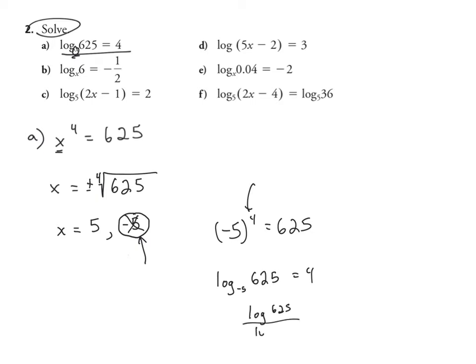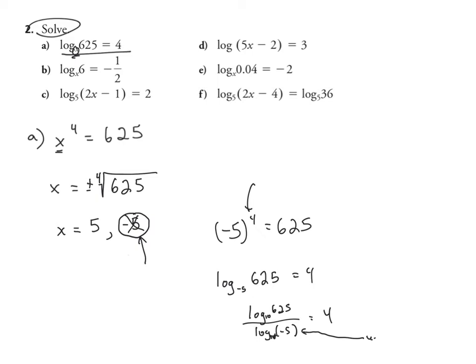But then you start using your log rules, and you say, well, then the log of 625 divided by the log of negative 5 equals 4, and with the set of real numbers, you can't have that. This will be log base 10 or base whatever you want. 10 to the nothing will give you negative 5, right?